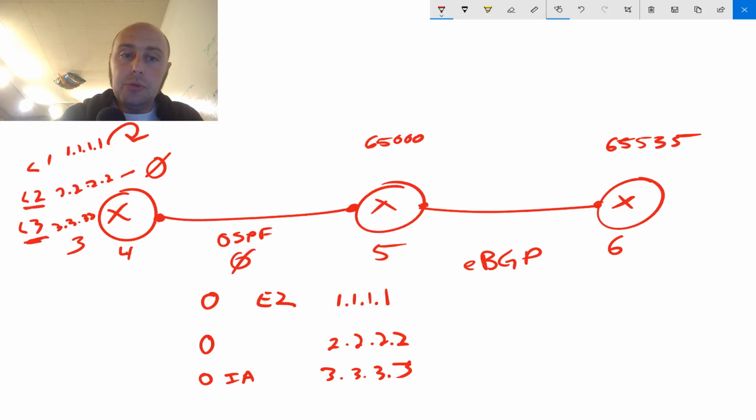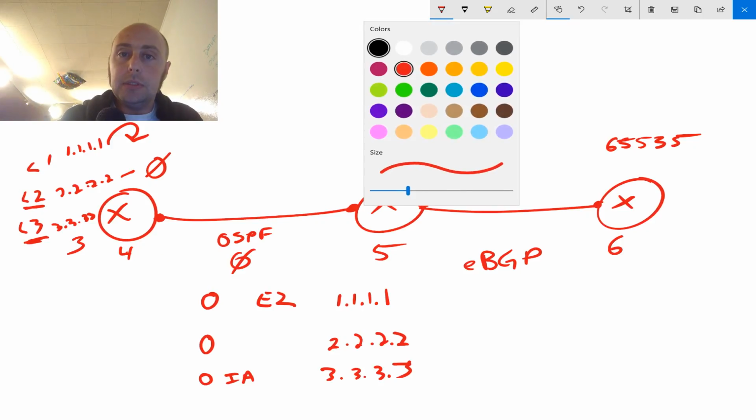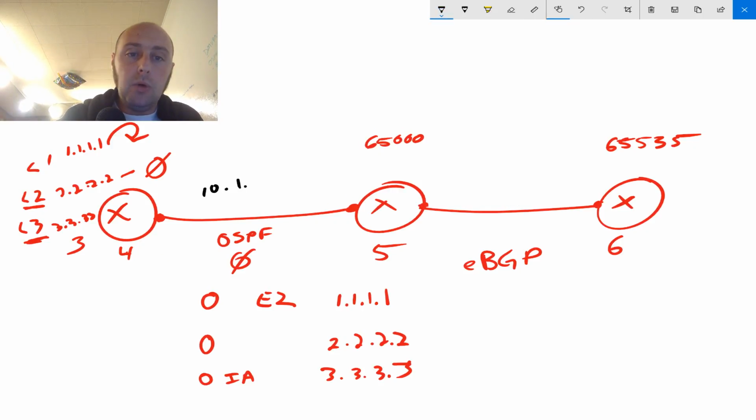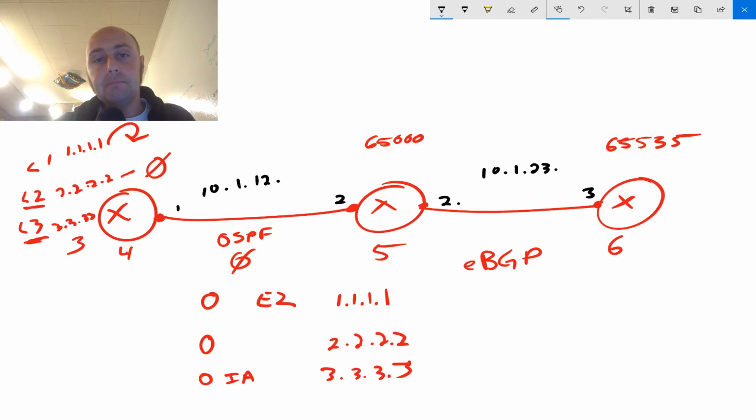The networks we're going to use are 10.1.12.1 and 2, and 10.1.23.2 and 3. These are going to be /24s. Okay, let me pull up the routers here.